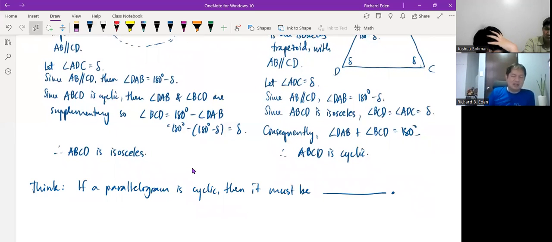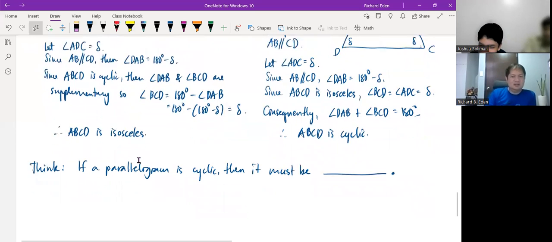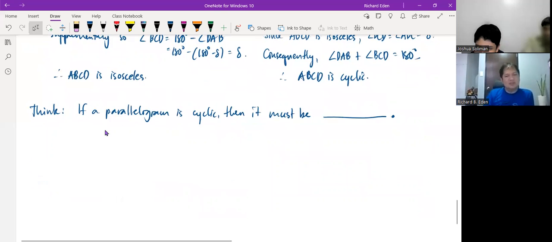If a parallelogram is cyclic, what can I conclude about that? It must be a trapezium. It must be a square. We sure about that? So I'd like you to think about it.